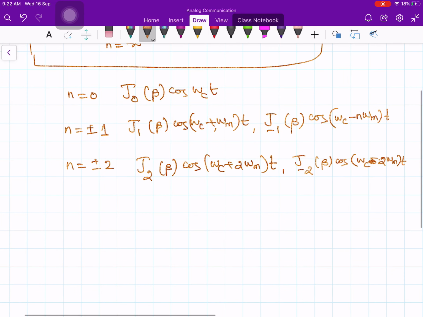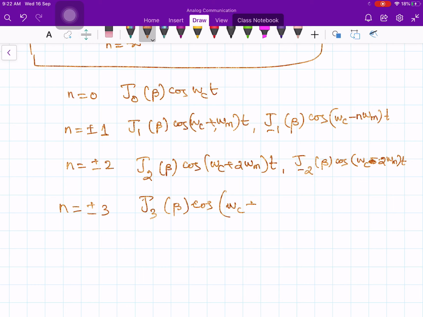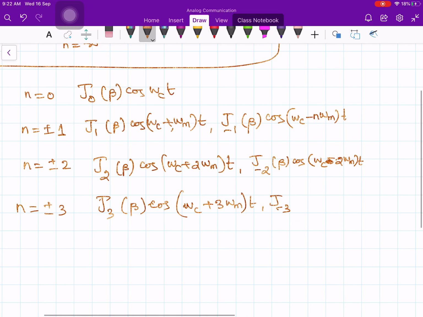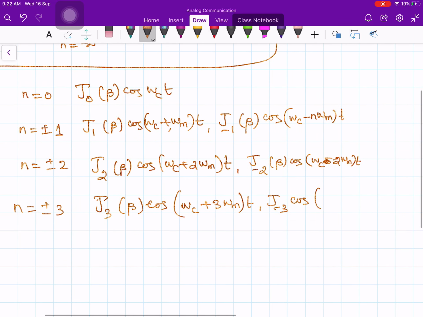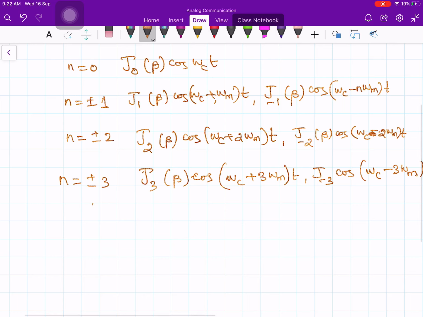Substitute n equals plus or minus 3, then J_3(β) cos of (ω_c + 3ω_m)t, comma, J_{-3}(β) cos of (ω_c − 3ω_m)t, and so on and so forth. It keeps on going up to n equals plus or minus infinity.